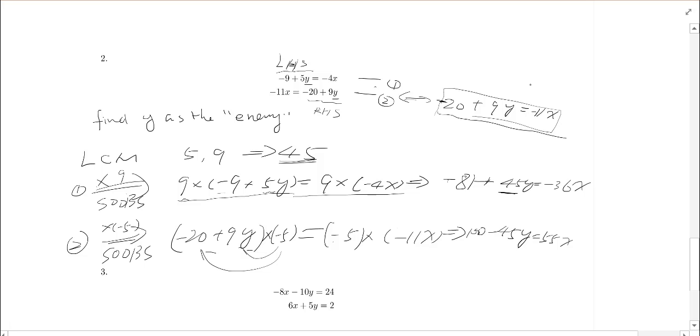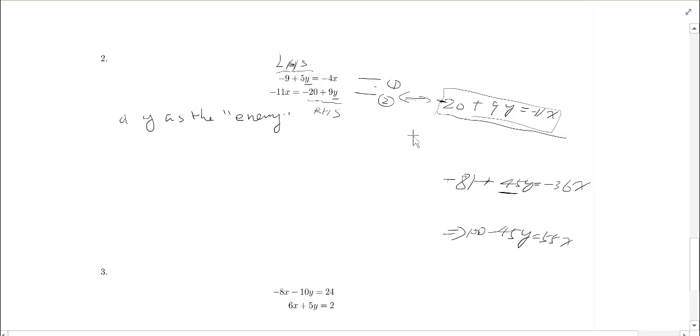Now you see, if you remember the second rule I mentioned in the previous class, any two equations, you can add two equations to get a new equation.